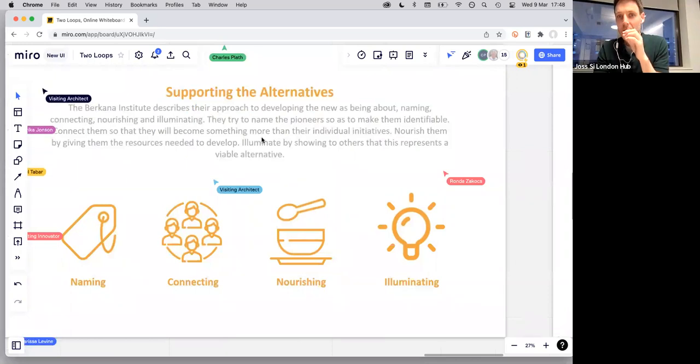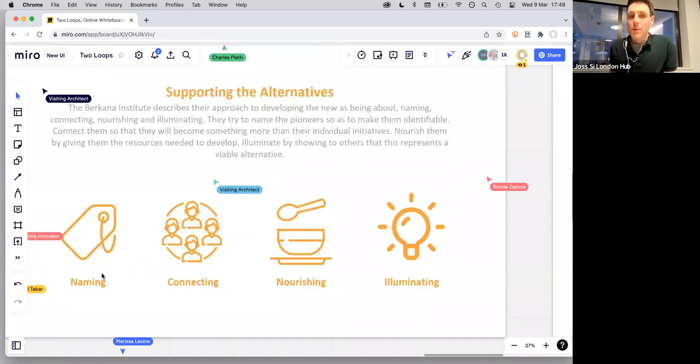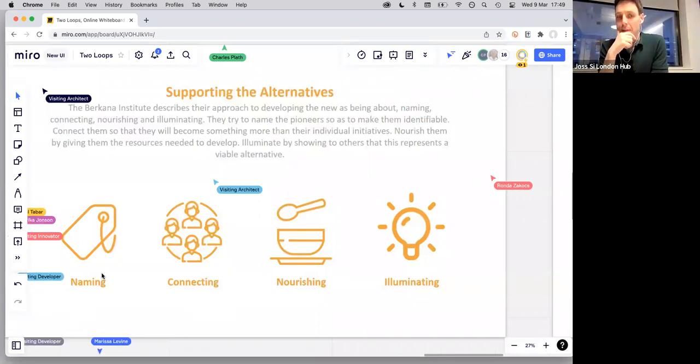They try to name the pioneers so as to make them identifiable, connect them so that it will become something more than their individual initiatives. So this is the naming. You first have to be able to name these things, or else we're not going to be able to find them. They actually give the example of alternative technology way back in the 20th century when it was just getting started. Some people were playing around with wind, some with solar, and others with water, how we can generate energy from the flow of water.